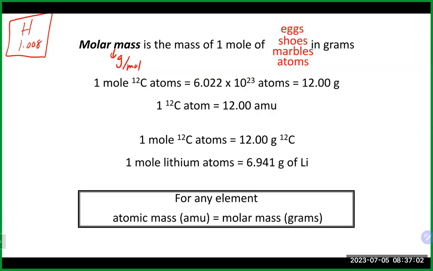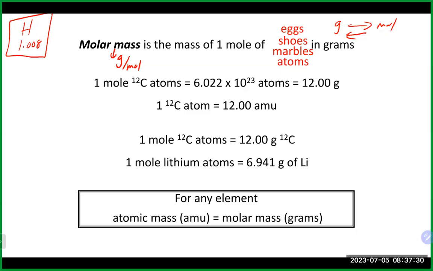The number always stays with the grams part, and it's always per 1 mole when you calculate the molar mass. So we use the molar mass as a conversion factor to go between grams to moles, or backwards. That is basically the molar mass from the periodic table is your conversion factor to do that.